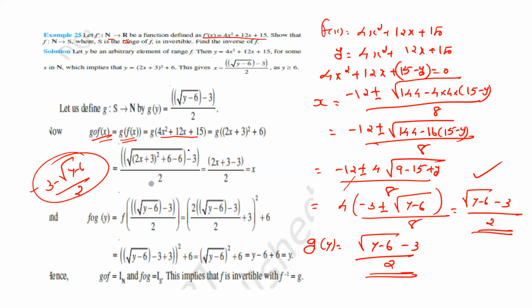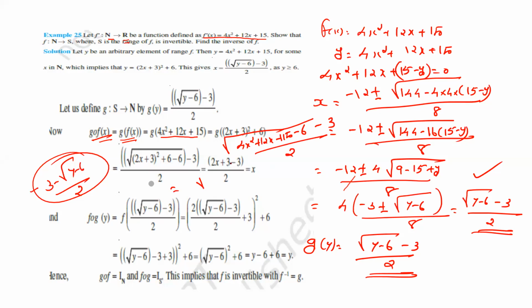So g of this, g of 4x squared plus 12x plus 15. And this g of y is root of y minus 6 minus 3 by 2. So this will be root of 4x squared plus 12x plus 15 minus 6 minus 3 by 2. 15 minus 6 is 9.